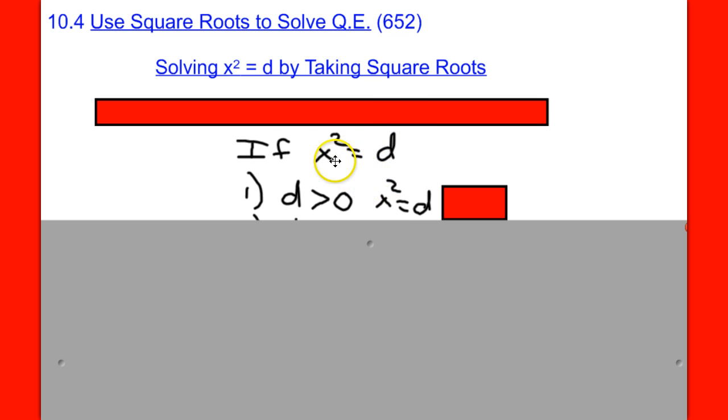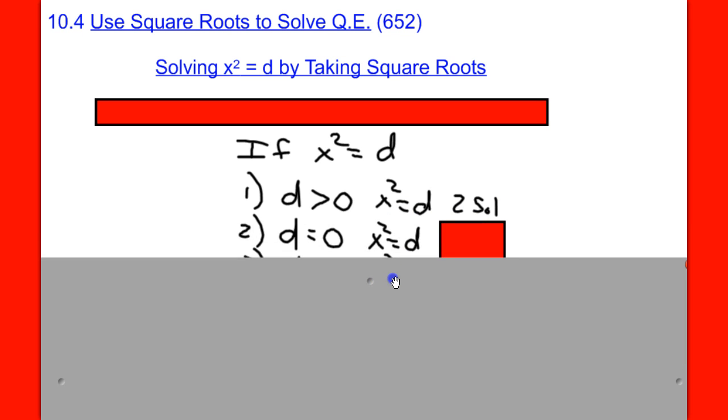If d was 4, and we take the square root of d, we get actually how many values when squared equals 4? That's right, we could get plus or minus 2. So when we have a positive value, and we take the square root, there are two solutions. The principal root and the negative root, right?